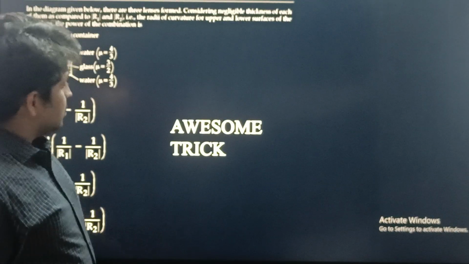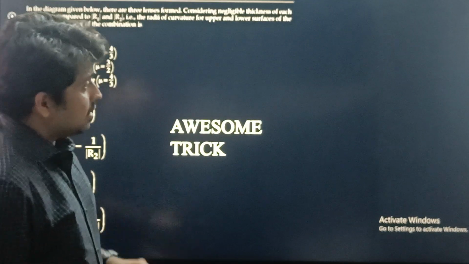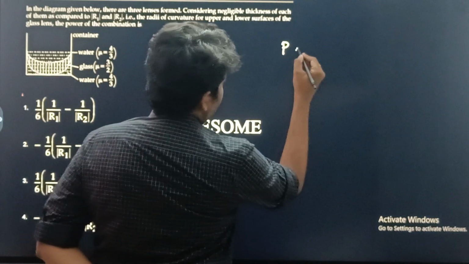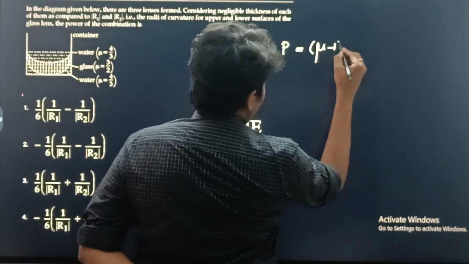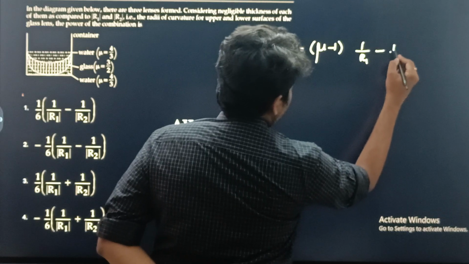What we'll be using is the power formula, P equal to (mu minus 1) into (1 by R1 minus 1 by R2).